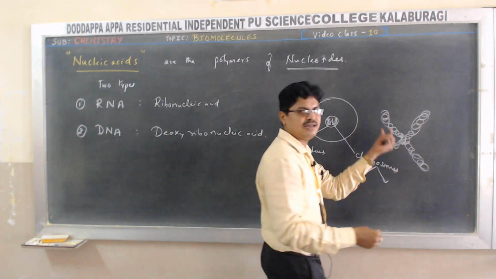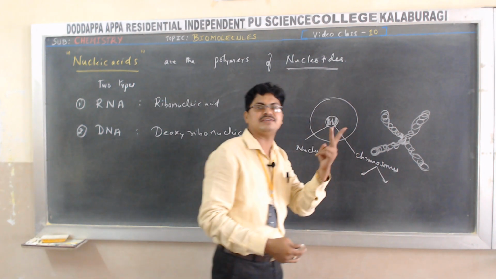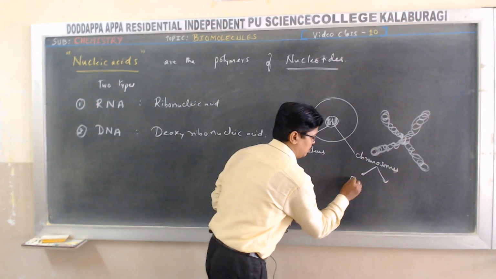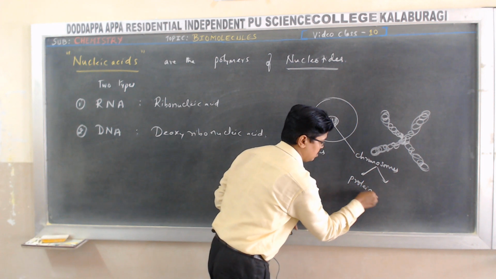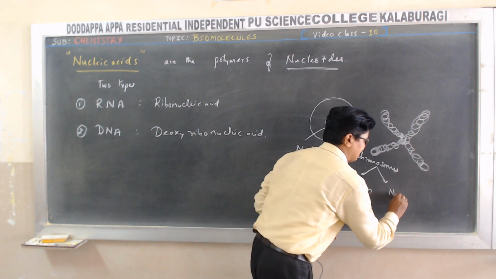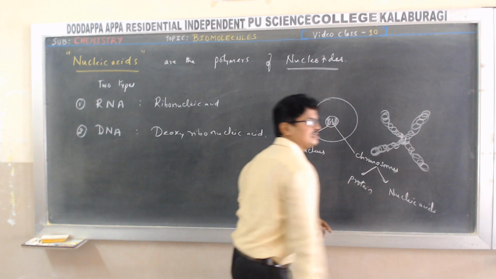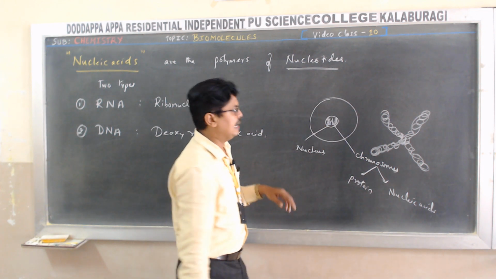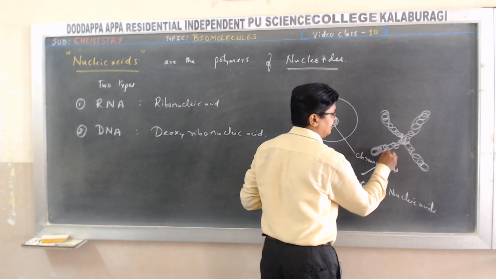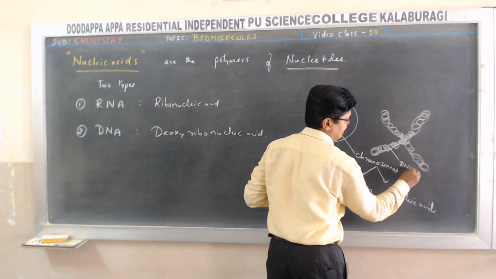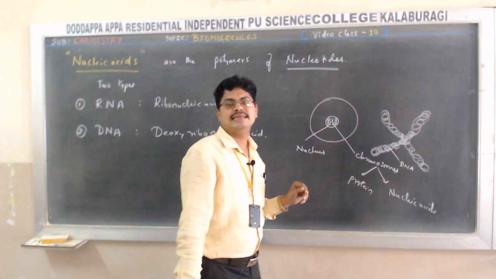These chromosomes are made up of two important biomolecules. What are those? One is protein and another is nucleic acids. Especially, chromosomes contain DNA.